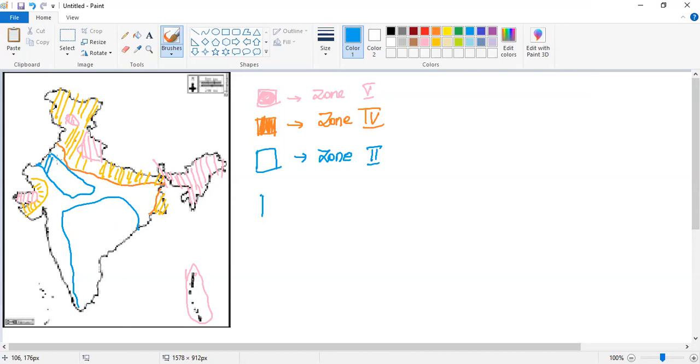So these regions are under zone 2. Okay, that's about my zone 2 region, and the rest of it you can say is zone 3. Whatever has not been shaded is completely zone 3. Okay, so this is about zone 2 and zone 3.